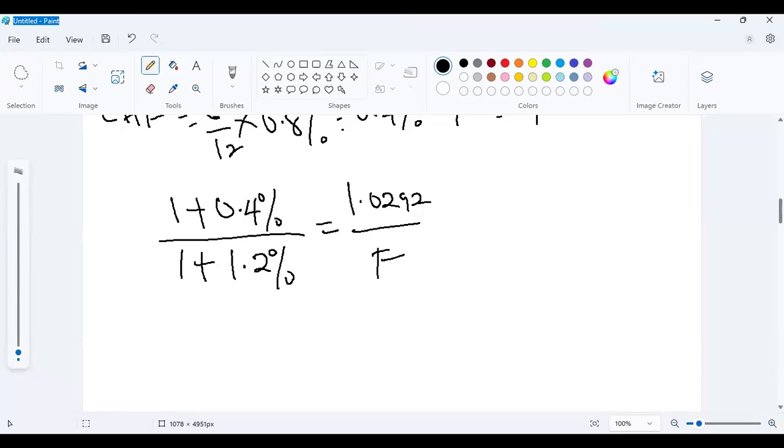This becomes 1 plus 0.004 over 1.012, multiplied by 1.0292. The final answer is 1.0374.